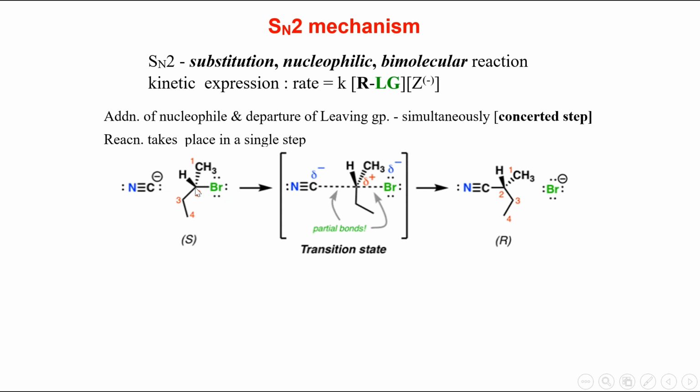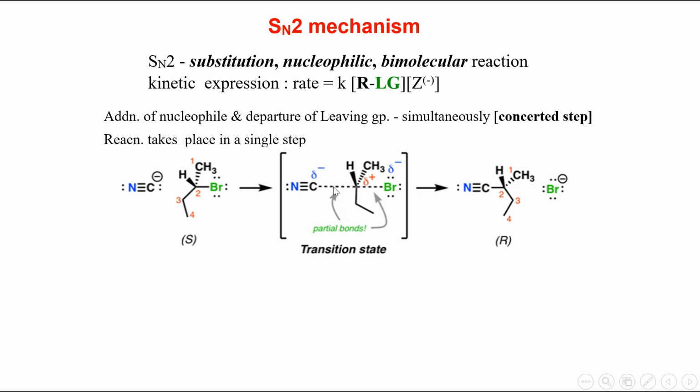The bond formation between the carbon and the nucleophile and the bond dissociation between the carbon and the leaving group, that is bromide here, occur simultaneously. A transition state is formed in which there is a half bond formed between the incoming nucleophile and the carbon, and the half bond is broken between the halogen and the carbon. The other groups move away. This is the transition state.